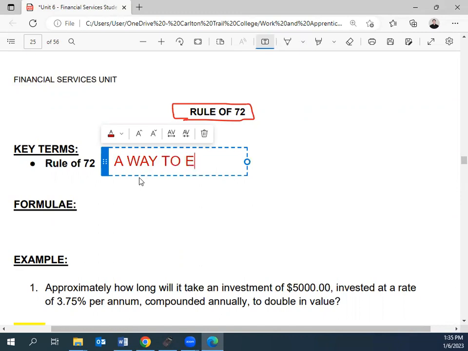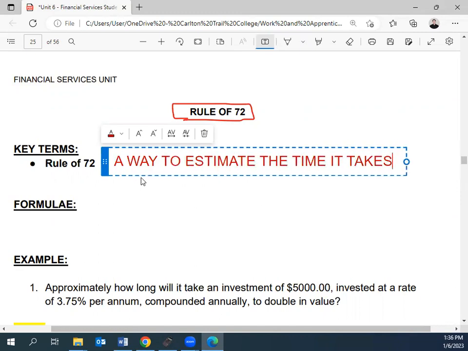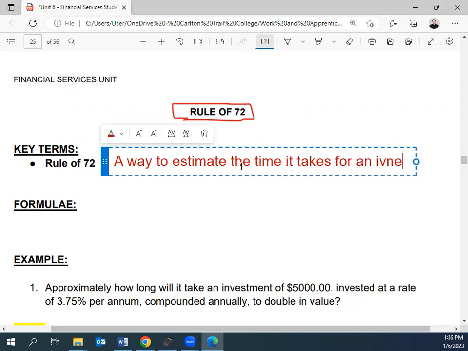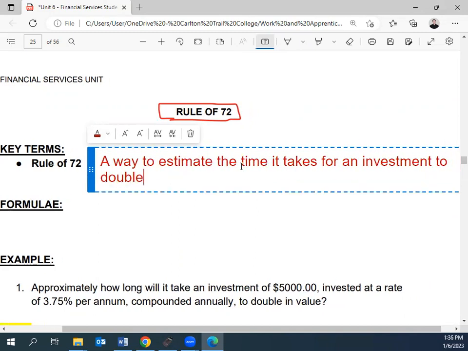So this is a way to estimate the time it takes for an investment to double. That's it. How long does it take for $1,000 to turn into $2,000? Or for $1 million to turn into $2 million?